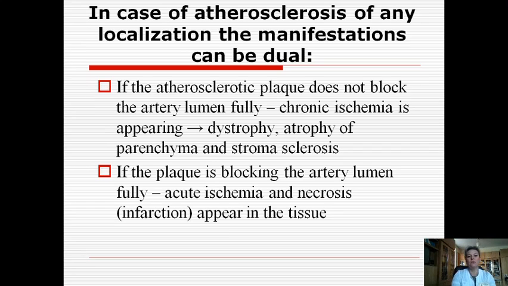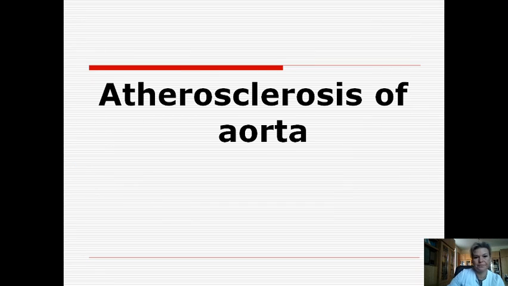If we see a full blockation of the artery by an atherosclerotic plaque, we see acute ischemia and appearance of necrosis or infarction in the organs and tissues. So atrophy and sclerosis, and infarction or gangrene.